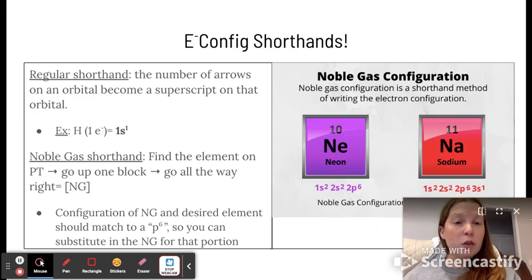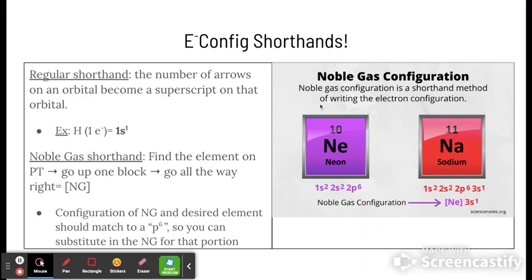So here, again, let me get rid of my video. So for noble gas configurations, if we find sodium on the periodic table, you go up 1 block all the way over to the right, you're going to hit neon. And if you look at these configurations, for neon it goes to a 2p6, and you actually match all the way up to 2p6 for sodium.